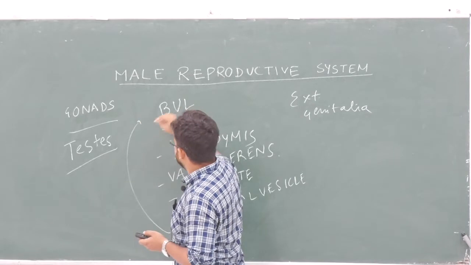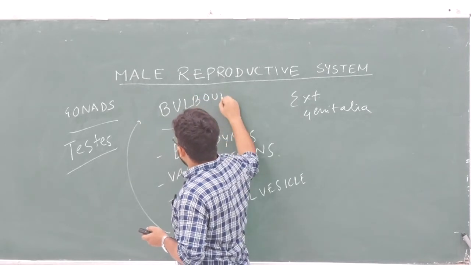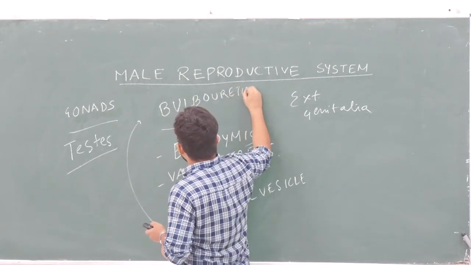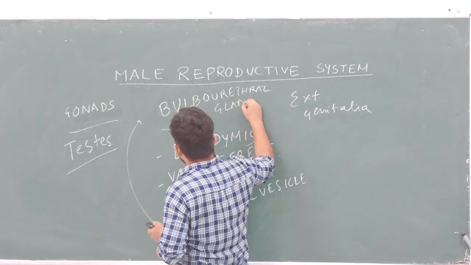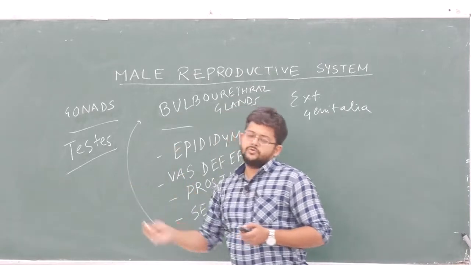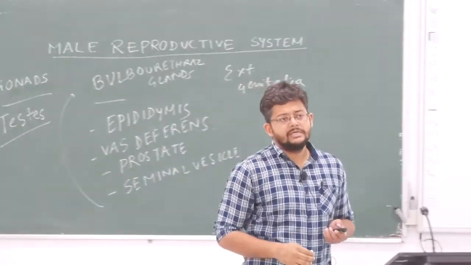So after this it goes over here, bulbo-urethral glands. The other name for bulbo-urethral glands is Cowper's gland.